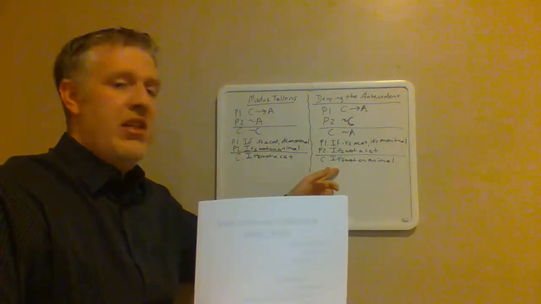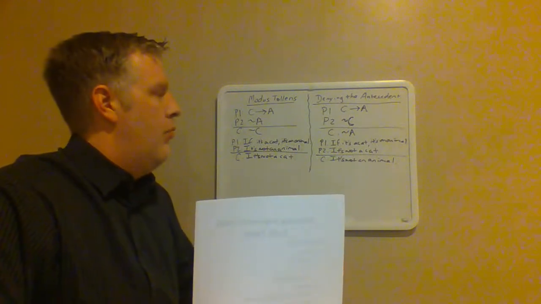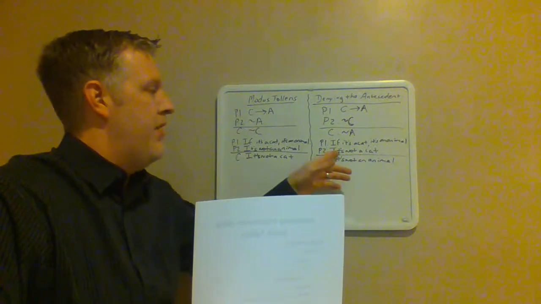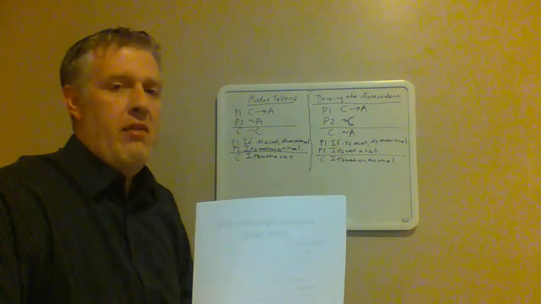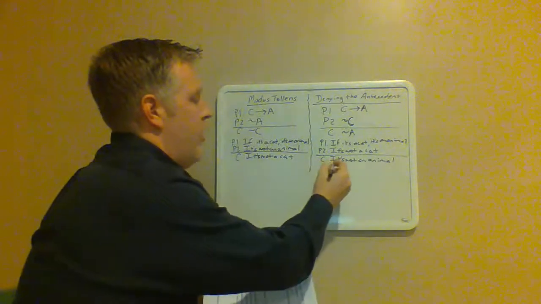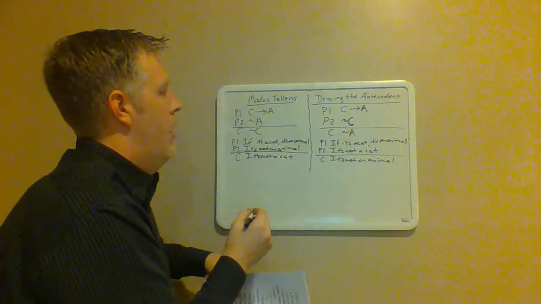Does it then have to be the case that it's not an animal? No, it could still be an animal. We were just told that if it was a cat, it would have to be an animal. So just negating the fact that it's a cat doesn't mean that it can't still be an animal. So no, what's behind the curtain could still be an animal, even though it's not a cat, okay?